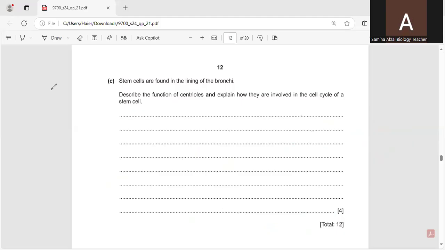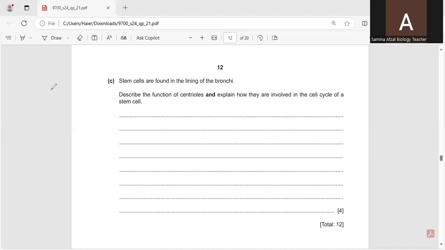Centrioles are only present in animal cells, and when the cell cycle starts in prophase, they are replicated and paired, so they become 2 pairs, and each pair moves towards the opposite poles. When they reach the opposite poles, they help in the formation of spindle fibers with the help of microtubules.